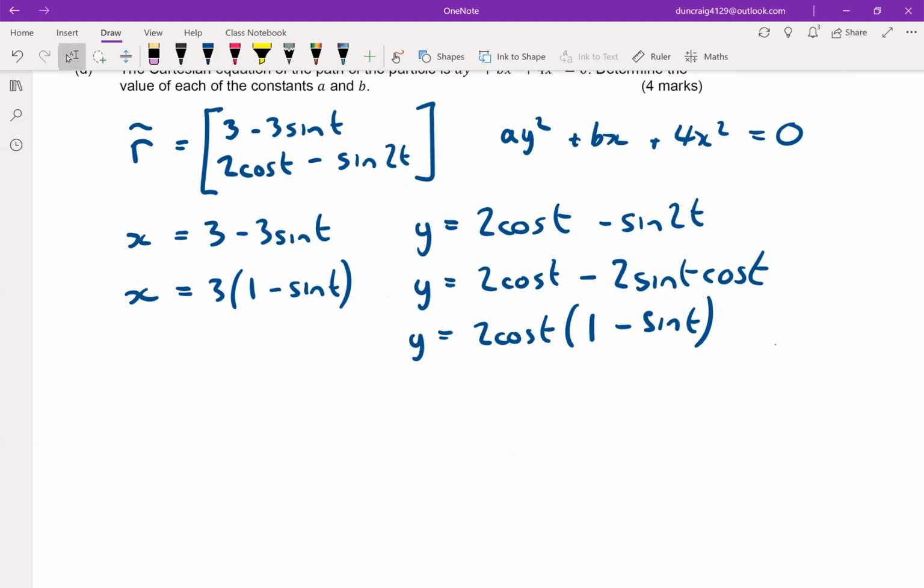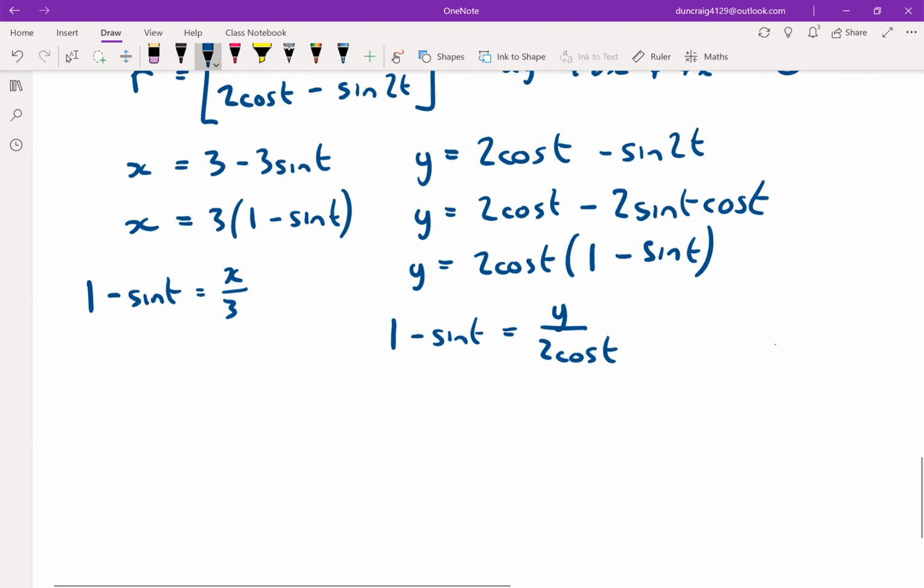This looks pretty good. So I can say that 1 take sine t is equal to x over 3. I can say that over here, 1 take sine t is equal to y over 2 cos t.